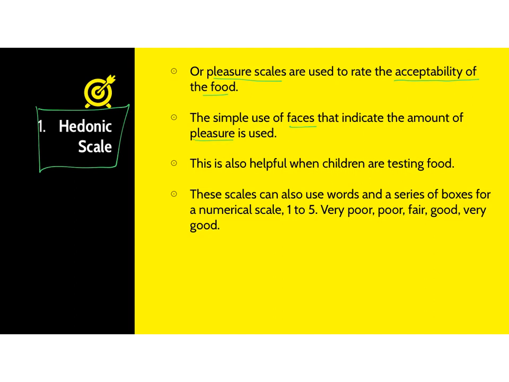So it's also quite helpful when children are testing the food because it is accessible, because it is quite simple to follow with those icons. Now, the hedonic scales can also use words as well as a series of boxes for a numerical scale, for example 1 to 5, or the words might be ranging from very poor, poor, fair, good, or very good.